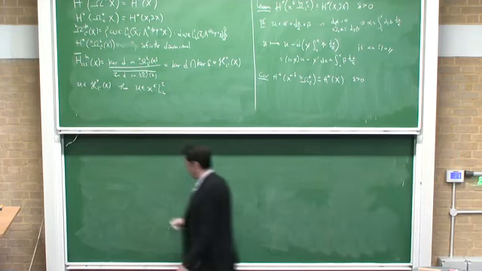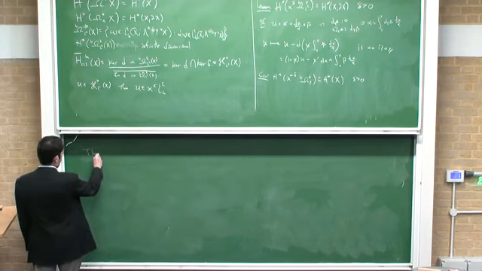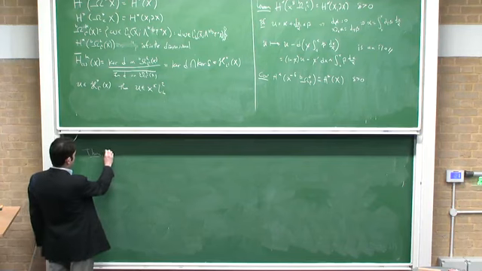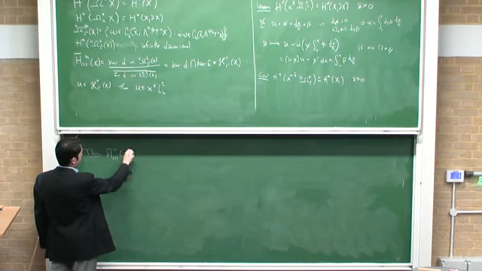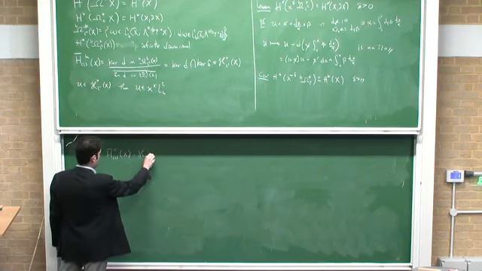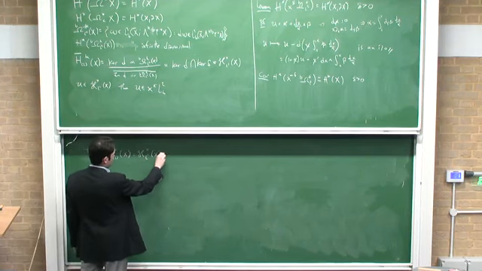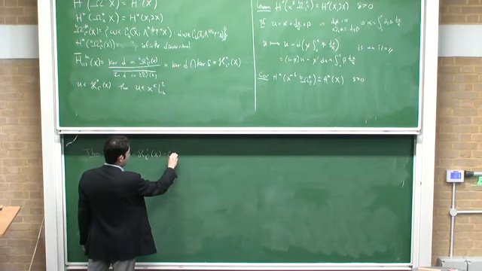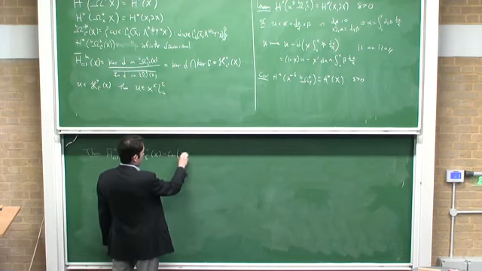Okay, so the answer is that the reduced L2 cohomology, this is just a Hodge cohomology, is equal to the image of relative in absolute.